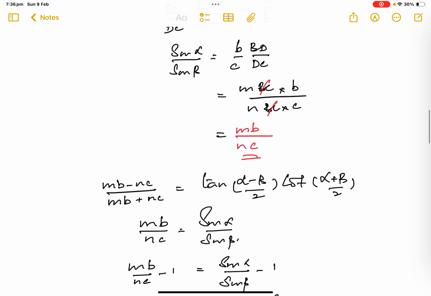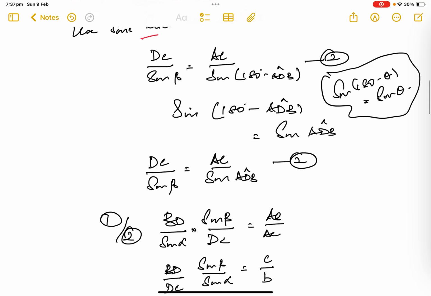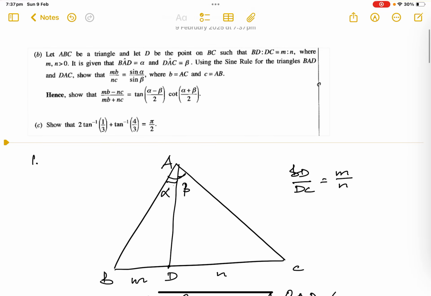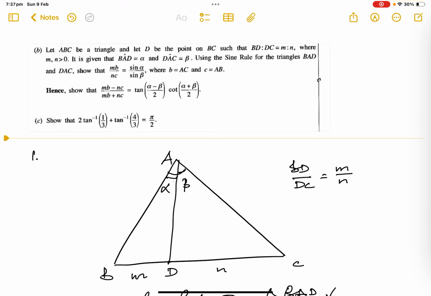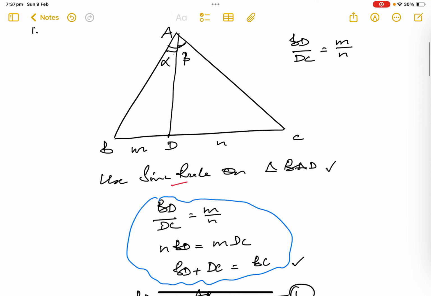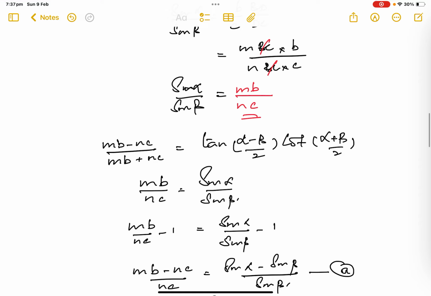The BC cancels. What we have is sine alpha over sine beta equal to Mb over Nc. Is that what we want? Yes, Mb over Nc. That's what we have to prove. That is done.